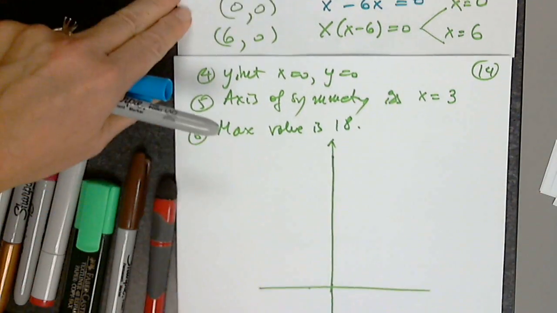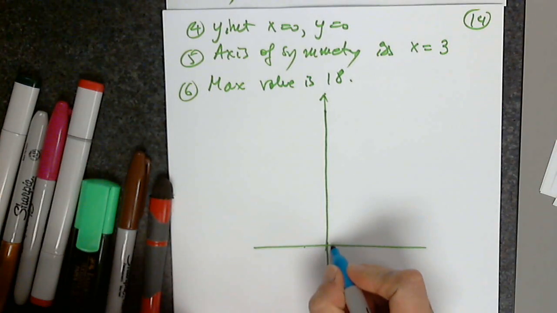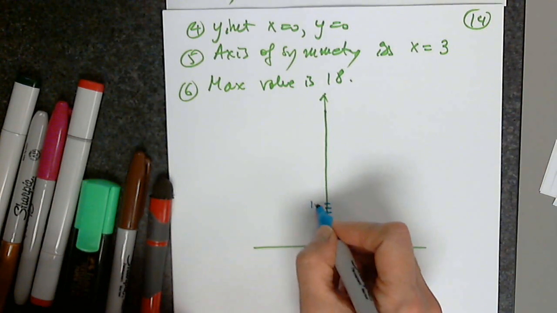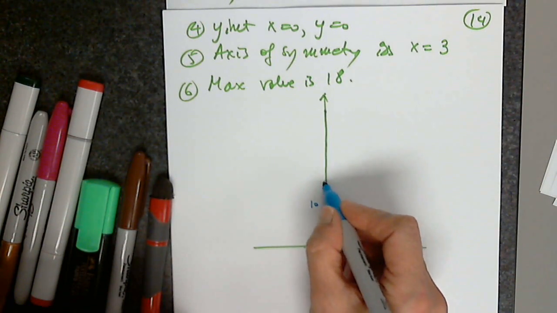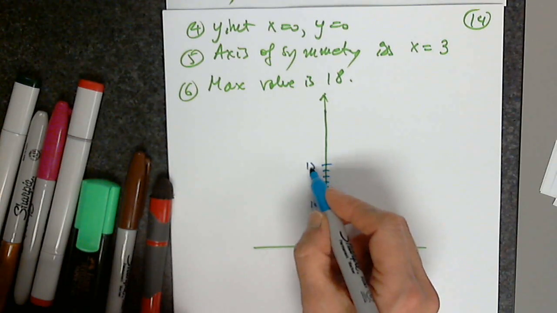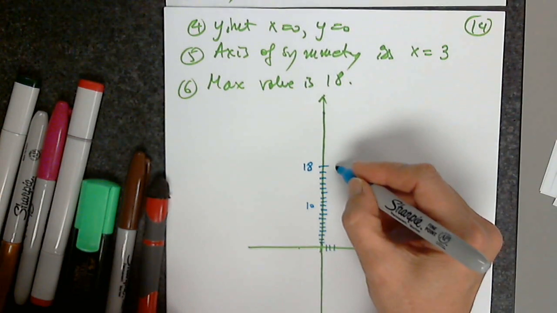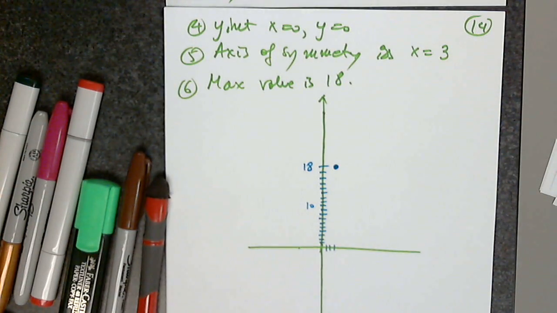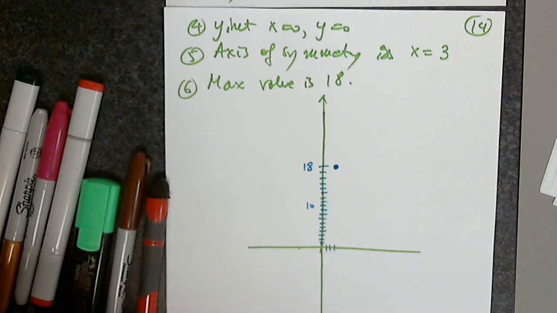I start by plotting the vertex. So 3, 18. I'm having a little trouble here. 1, 2, 3. 1, 2, 3, 4, 5, 6, 7, 8, 9, 10. 1, 2, 3, 4, 5, 6, 7, 8. 18. So here it is, the point 3, 18. I have to continue with the axis of symmetry.